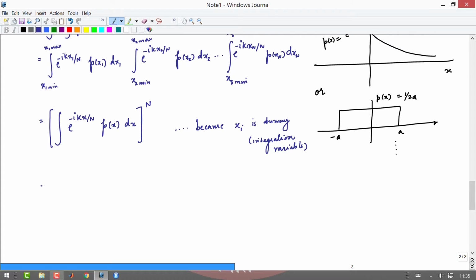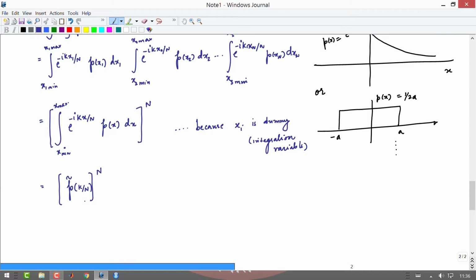Now, look at this. This integral should remind you immediately that it is nothing but the definition of the characteristic function of my PDF, except for the fact that this is the characteristic function evaluated at the wave number k by n. So, this is the characteristic function of my PDF taken at k by n, and the entire thing is raised to the power n.